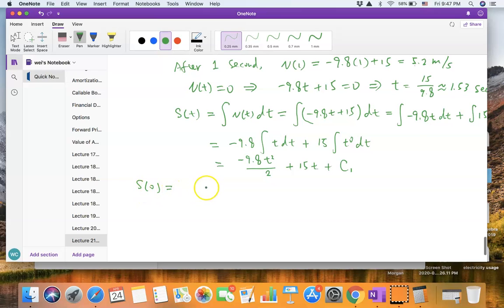Since s of 0 equals 1, negative 9.8 over 2 times 0 squared plus 15 times 0 plus c1 equals 1. So this constant equals 1.